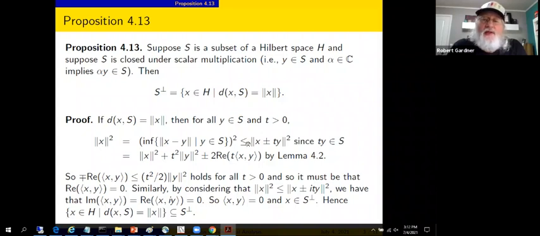Norm x squared less than or equal to norm x squared, we could cancel those, plus t squared norm y squared plus or minus 2 times the real part of t times this inner product. So what we could do is take this to the other side of the equation, introducing a minus or plus a real part.